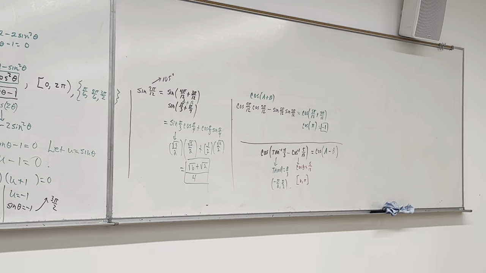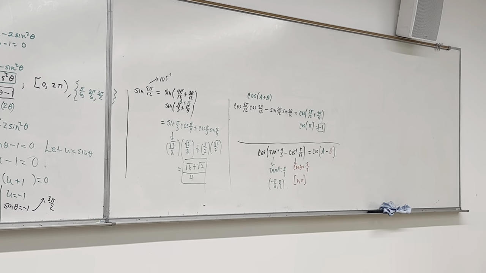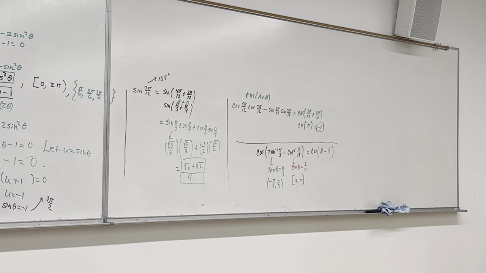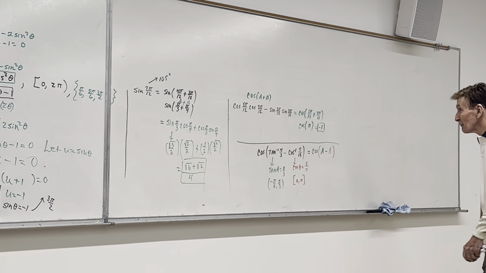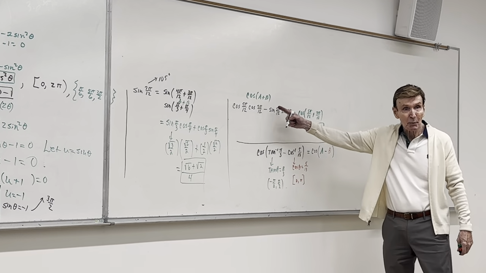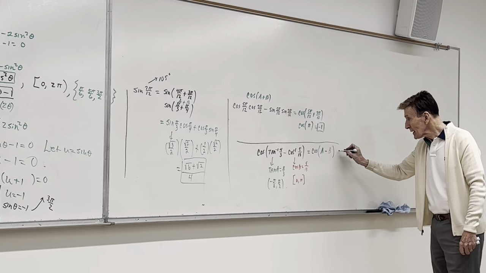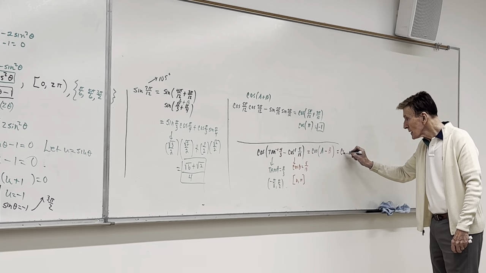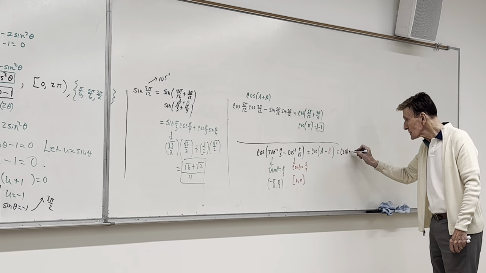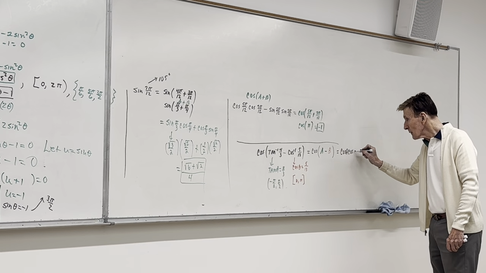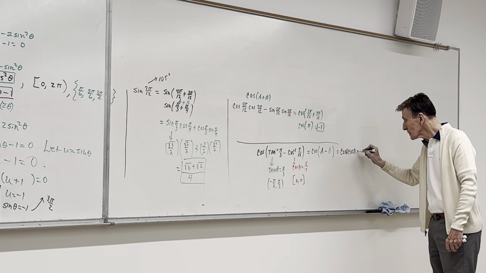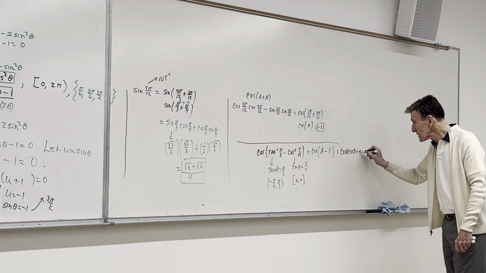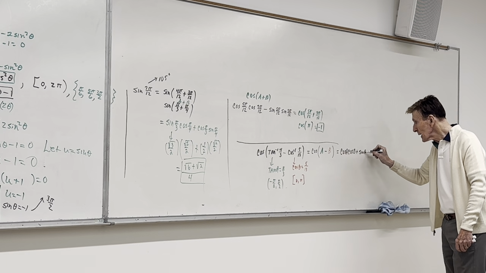I must use what? A formula. Now, can someone remind me what cosine A minus B was? I did cosine A plus B. What was the cosine A minus B formula? Cosine A cosine B, minus or plus? Plus sine A sine B?